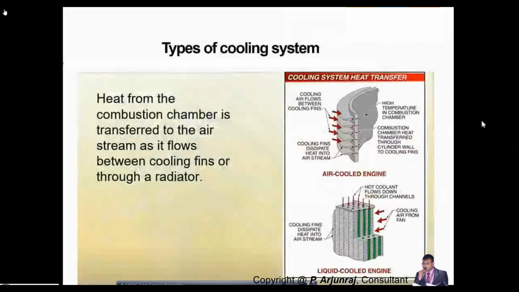So we have two types of cooling system. One is the air cooled system, and one is the liquid cooled system. In the case of the air cooled engine system, we have cooling fins which dissipate the heat from the incoming air.